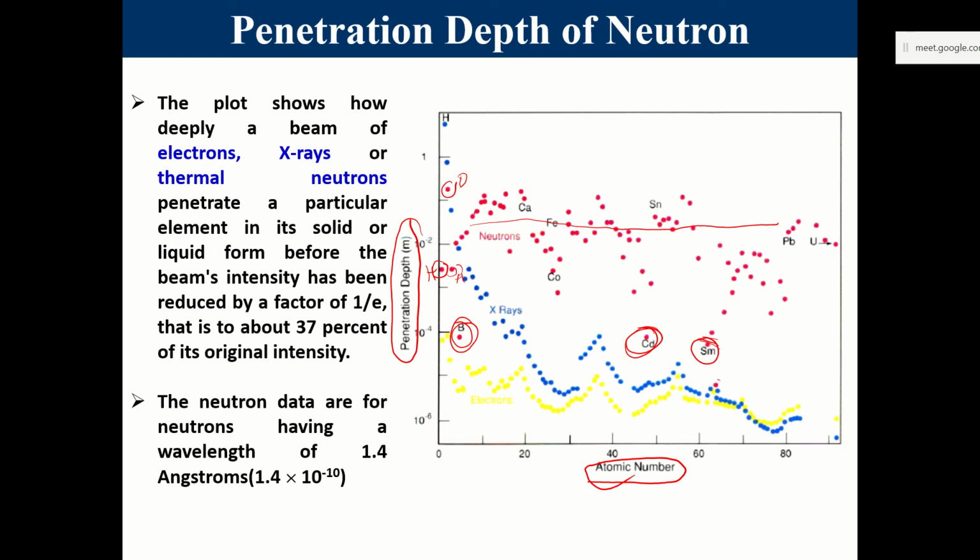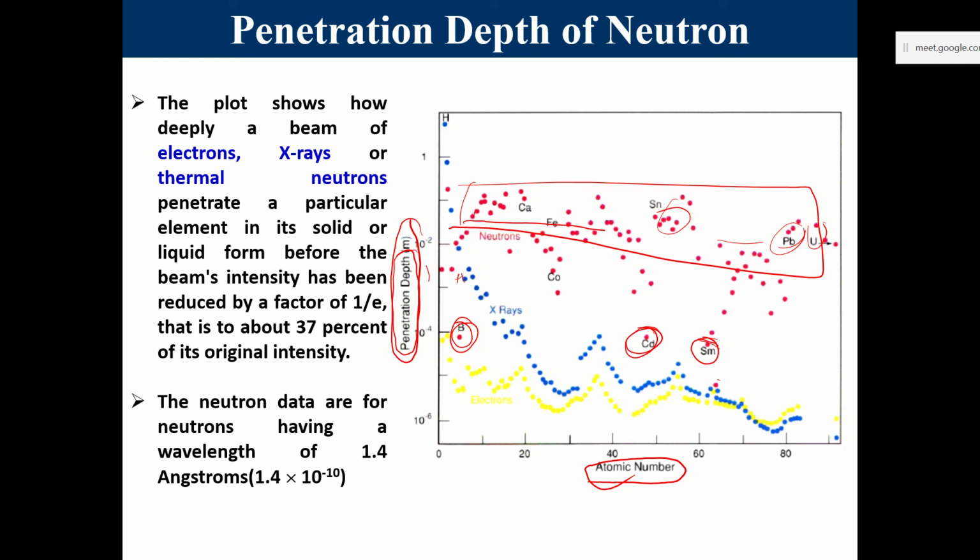But for most of the other elements, they have a very high cross section, so neutrons penetrate even heavier elements like lead and uranium with good penetration depth.